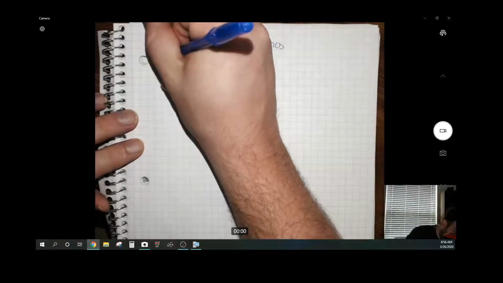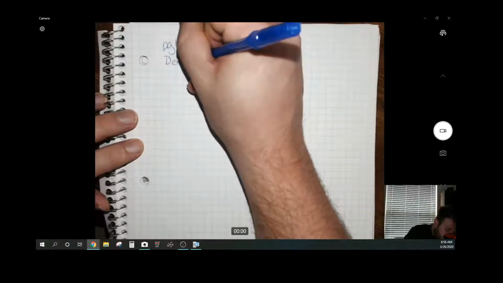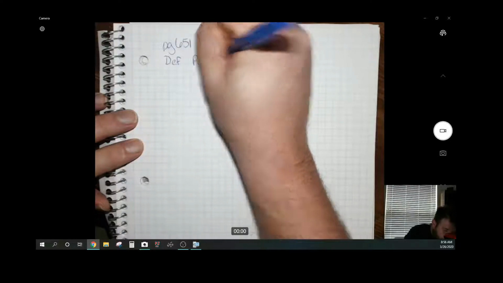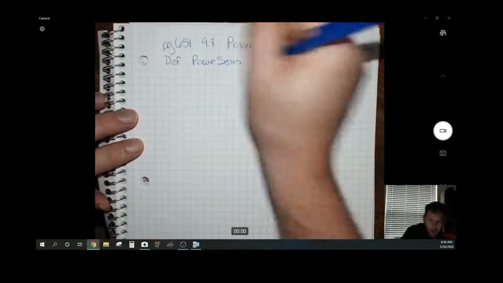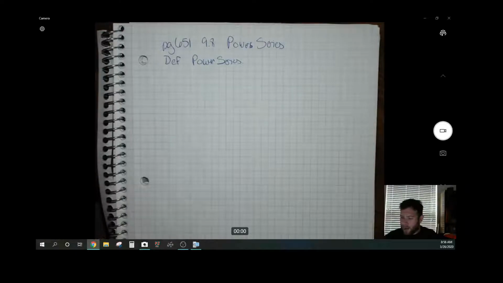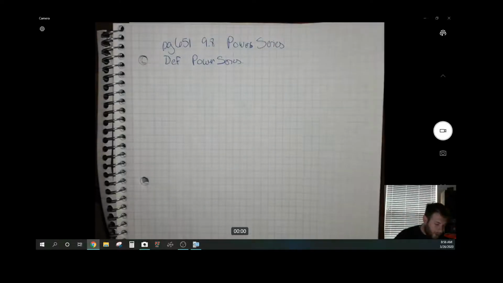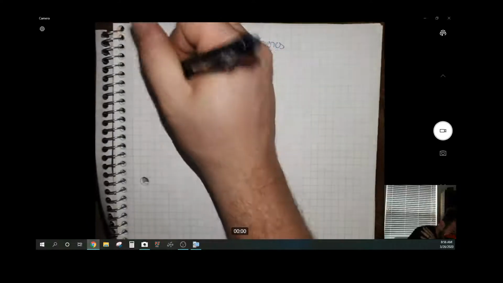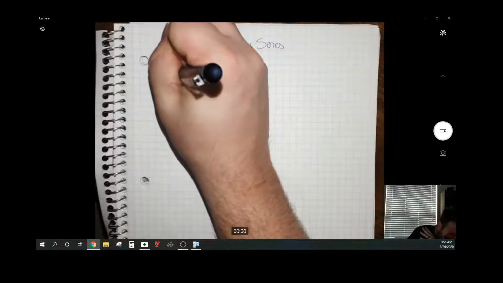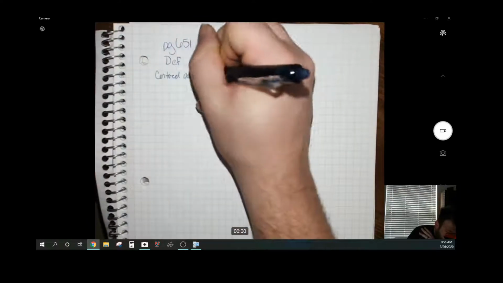So the definition of a power series. What is the definition of a power series? Well, there are two kinds of power series. I'm going to go ahead and start using some colors now. The first power series is what's called centered at zero.